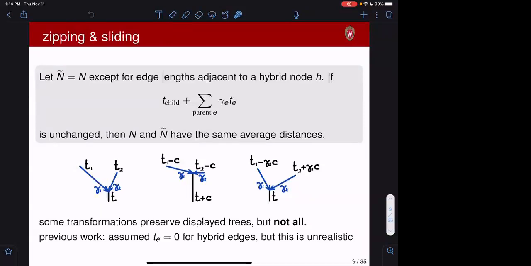Yeah, so if we had a third incoming edge here, it would be hard to call this zipping up, because we would remove a constant from all of the 3 or 4 or all the parent edges, and then the average of what we take out would be that constant, and then we add this constant to the child.